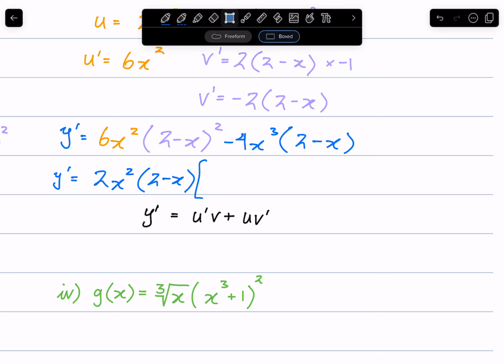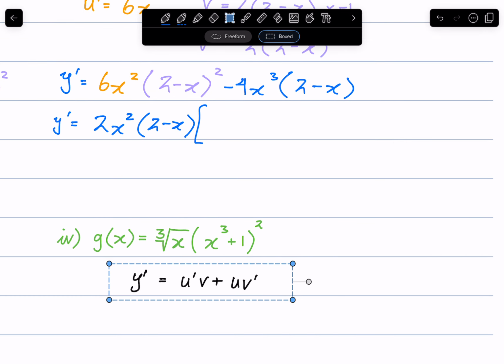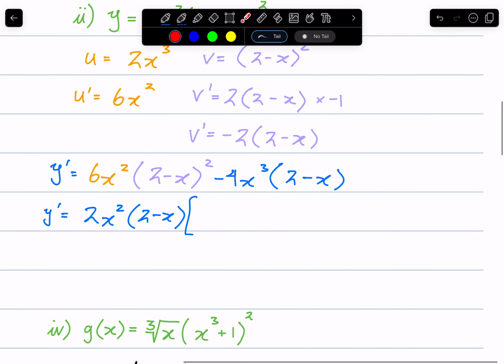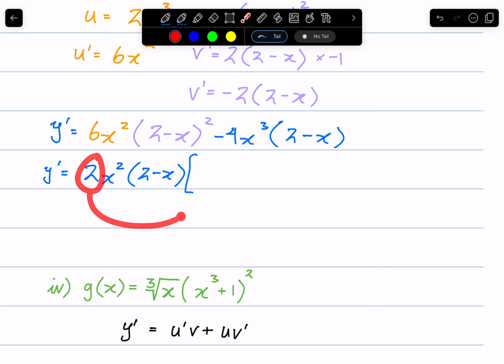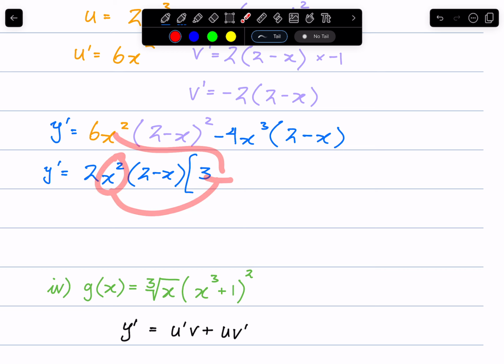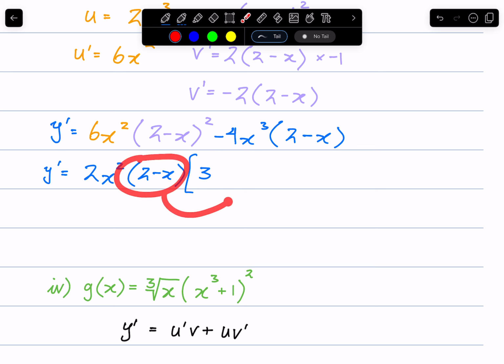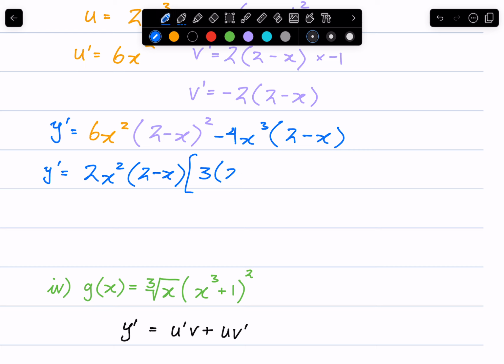The inside group, I can actually move this out of the way now. The inside group, well, 2 times something gives me 6x squared. For this, I need a 3. x squared is already here. And since this group needs to multiply to become squared, it needs one more of that group. So 2 minus x.